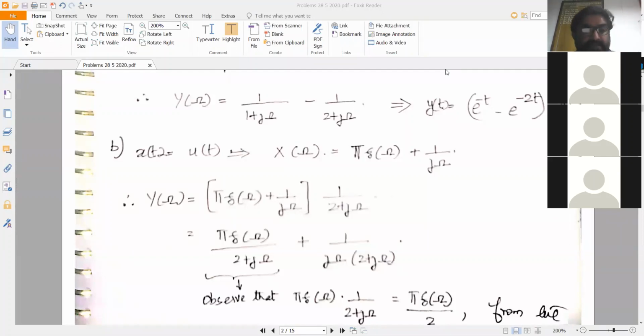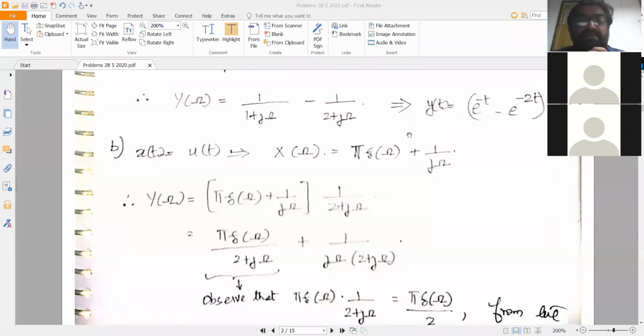Sorry, you will get the frequency response of a unit step function, which means that, I meant to say that if the impulse response was a unit step function, then its frequency response is pi delta omega plus 1 by j omega, which you cannot get by using Laplace transform.